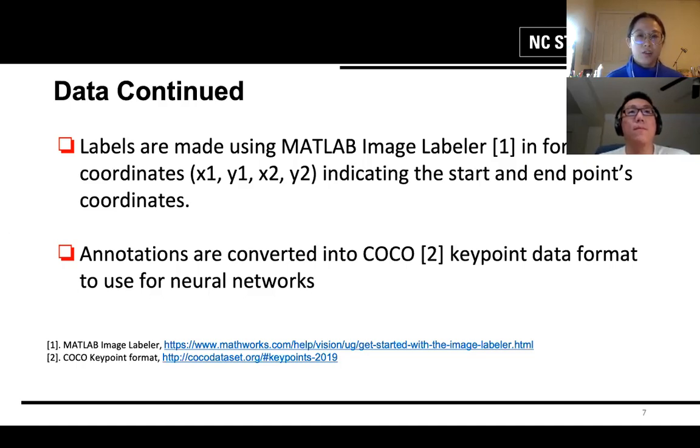And then we convert the MATLAB annotation ground truth to the widely used COCO JSON format to pre-process the data so we can use this data in our neural network framework.